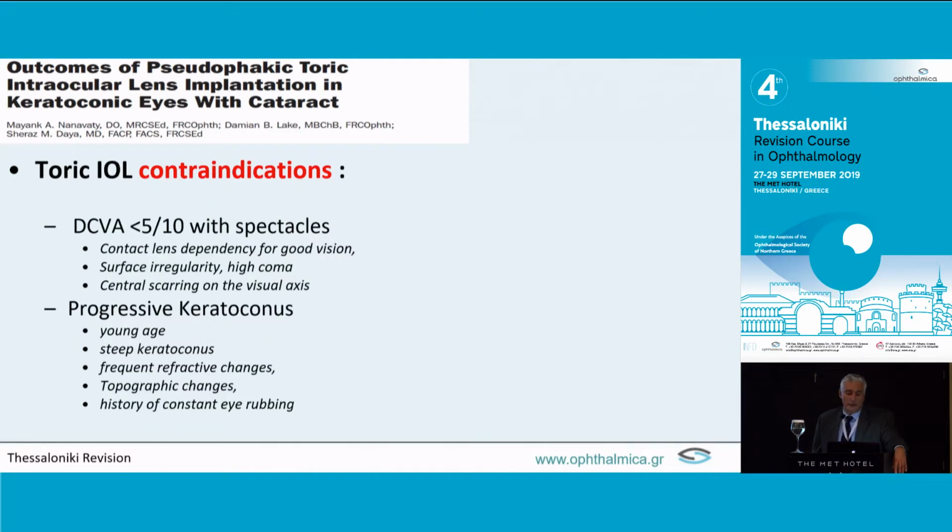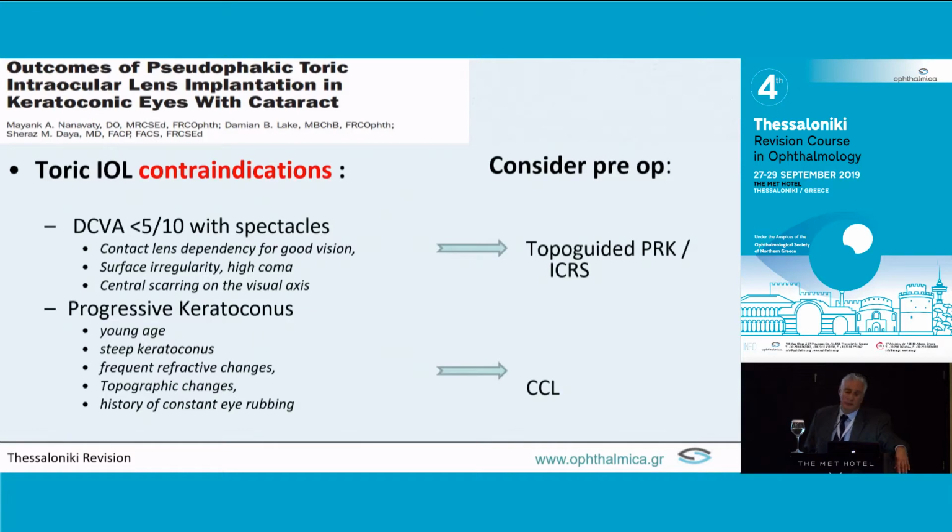What do we do in these cases? There are a number of things to do. You may use some ways to regularize the cornea, either topography-guided treatment plus cross-linking or rings before the operation, and then re-estimate the corneal power.